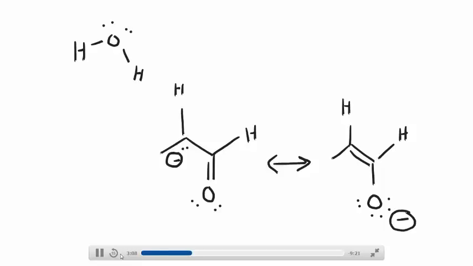But I like to look at the one on the left because it's more useful to me personally as I look at the mechanism. But be aware that there is resonance and that the one on the right is the predominant resonance structure. Both of these resonance structures, everybody's got an octet. There's always a negative charge, but oxygen is the more electronegative atom. So when the negative charge is on the oxygen, that is the predominant resonance structure.